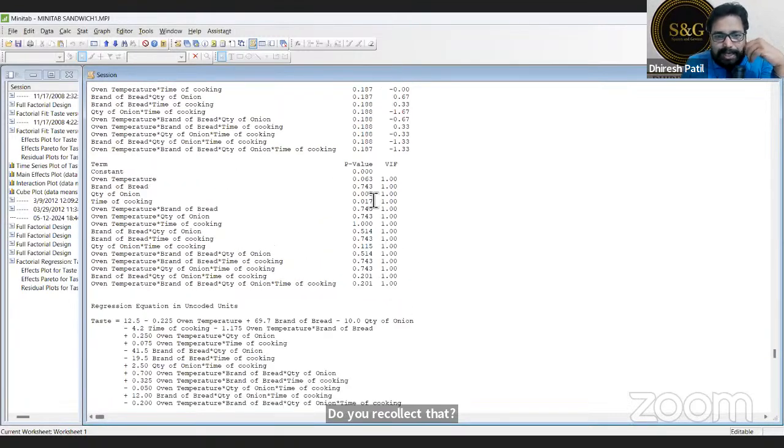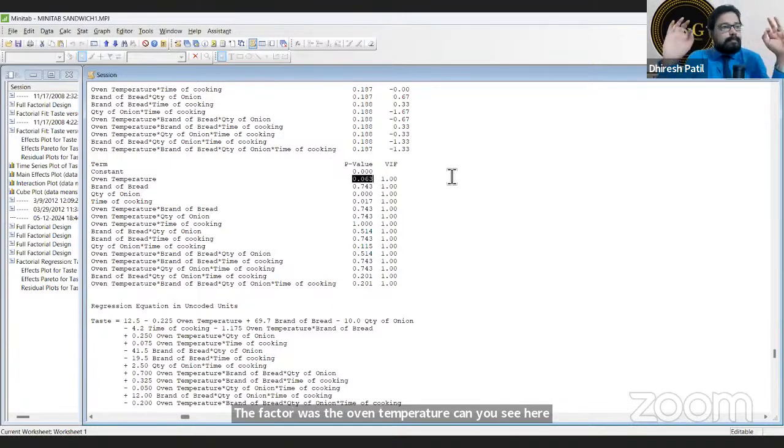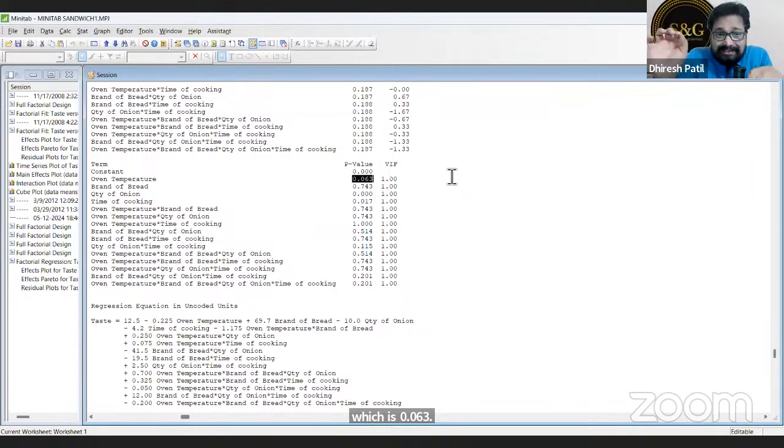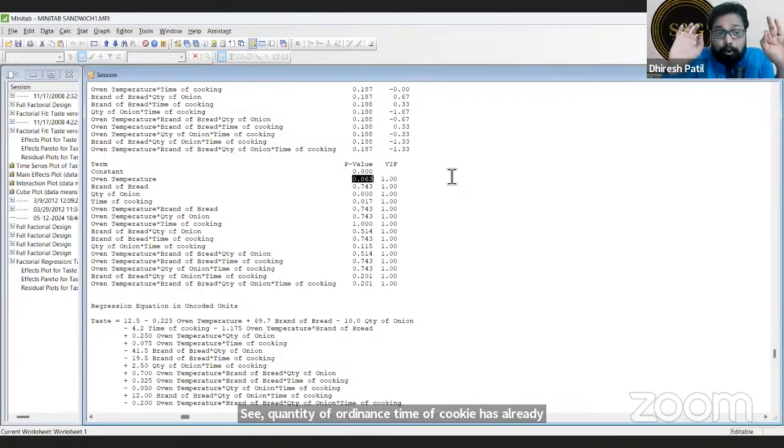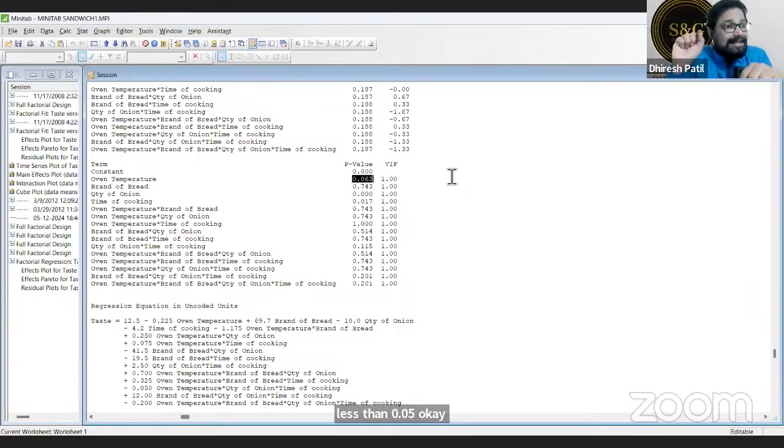Just check the p-values, guys. The factor was the oven temperature. Can you see here? It is 0.063. Quantity of onion and time of cooking are already less than 0.05, but oven temperature is 0.06, just 0.01 more than that.